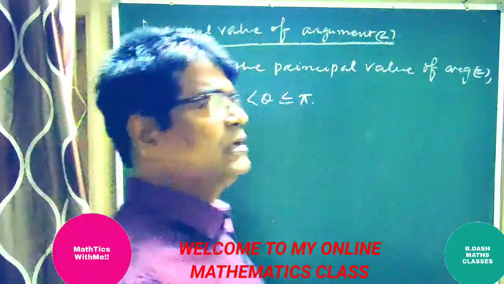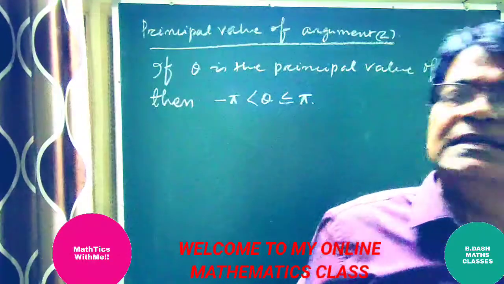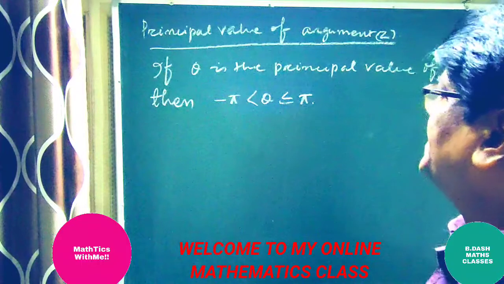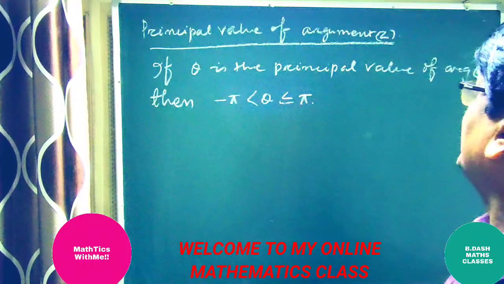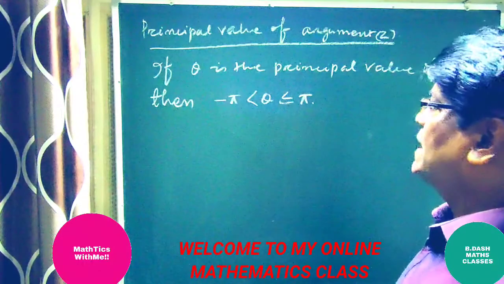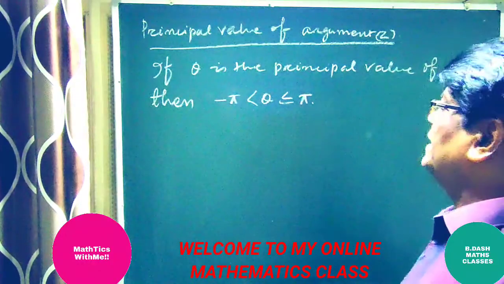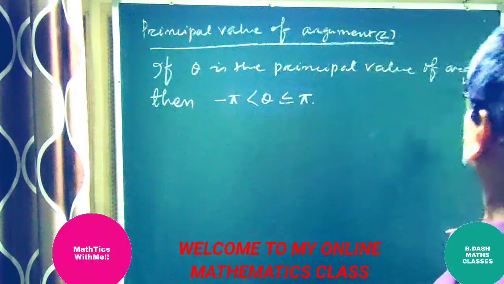It means when theta lies between minus pi to pi, including pi, then we can say theta is the principal value of argument of z. Now let us proceed to solve a problem.